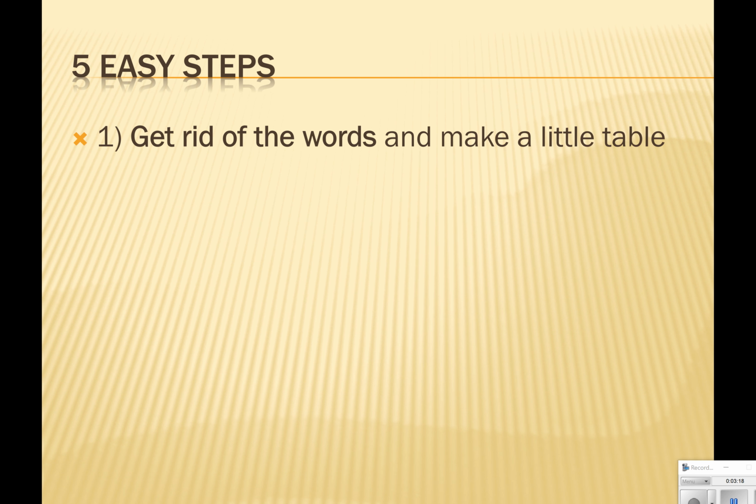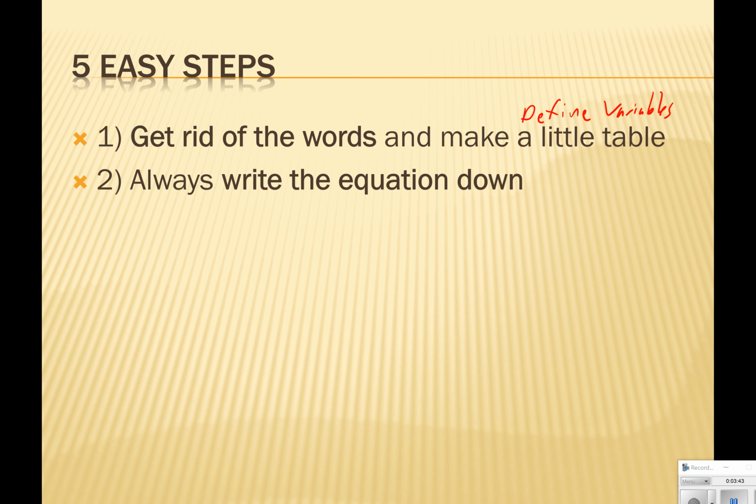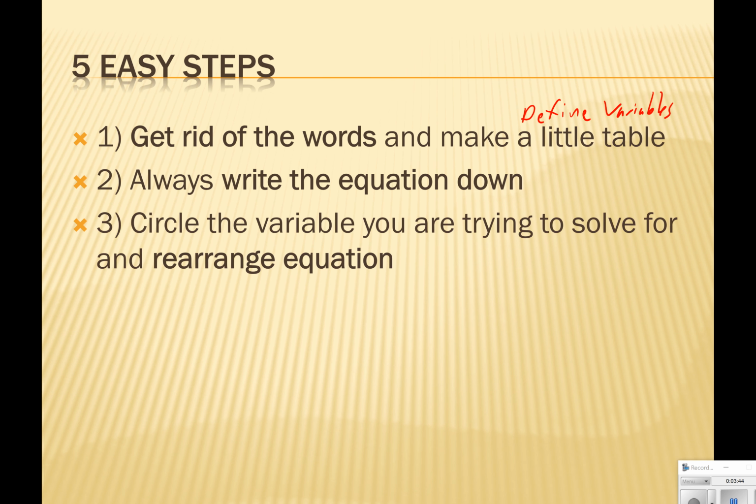Now, for each of these types of problems we're going to see, I'd like you to follow a 5 easy step process, which is how we approach most of our problems in this class. First, we want to get rid of the words and make a little table. And this is what I would call defining variables. So you want to define your variables, whether that's individually or in a little table. Make sure you write your equation down.